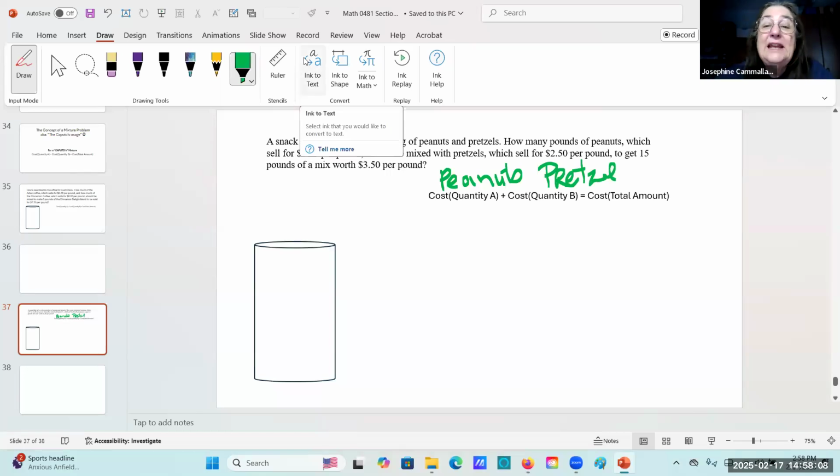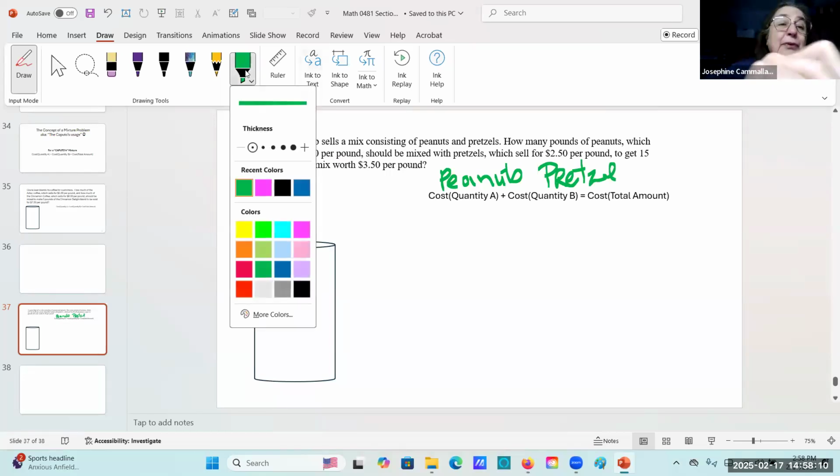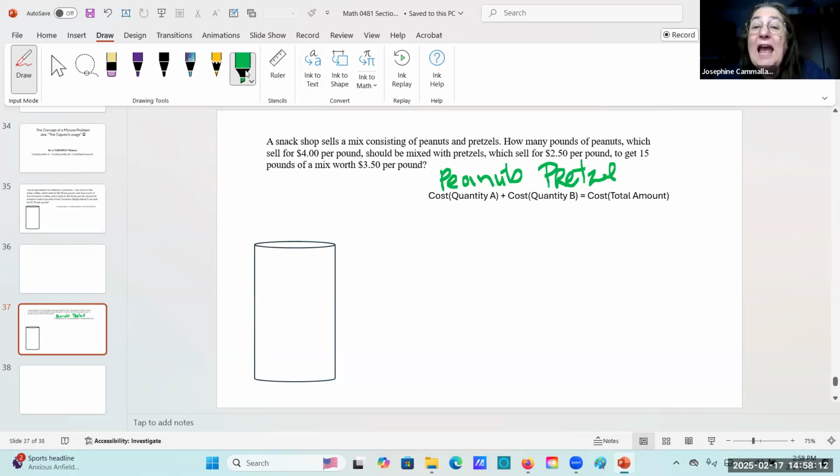Now, in this particular problem, it is saying how many pounds of peanuts. Okay, how many pounds is X? That's the quantity.